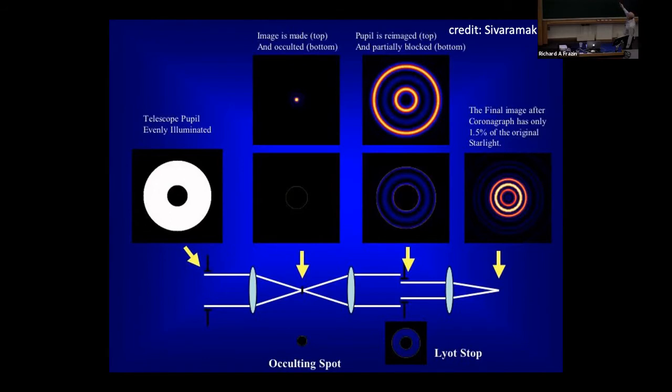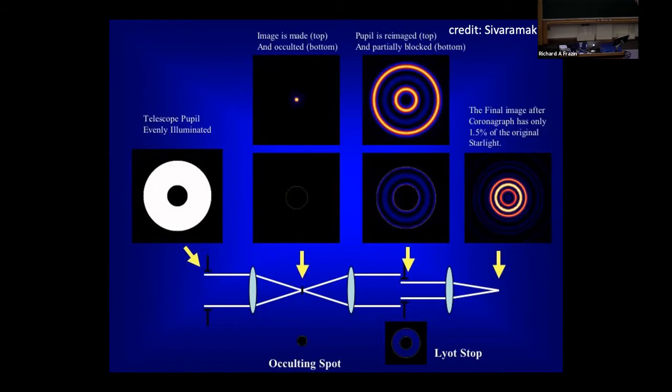So now the light diverges from the focal plane, and then it hits another focusing element, which recollimates it. And then what we see in the next plane here is what's called the Lyot stop. One of Bernard's great contributions was he saw that the light before it hits the Lyot stop has this bright ring around the edge due to diffraction.